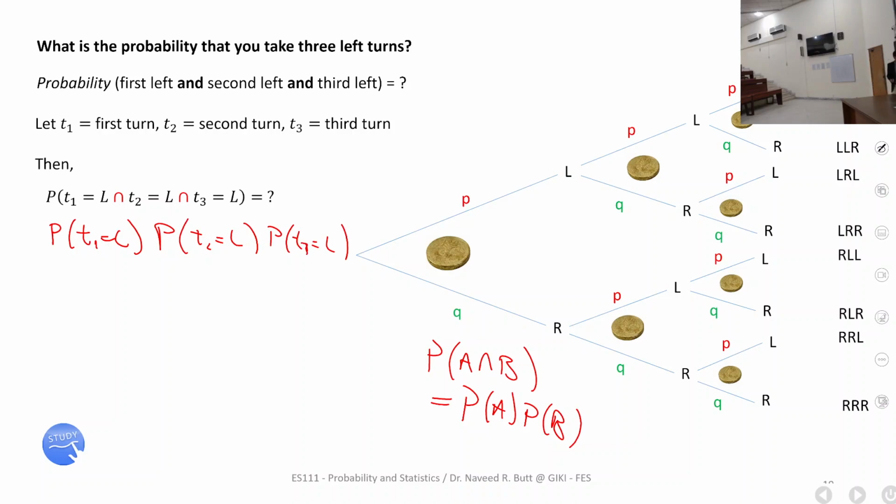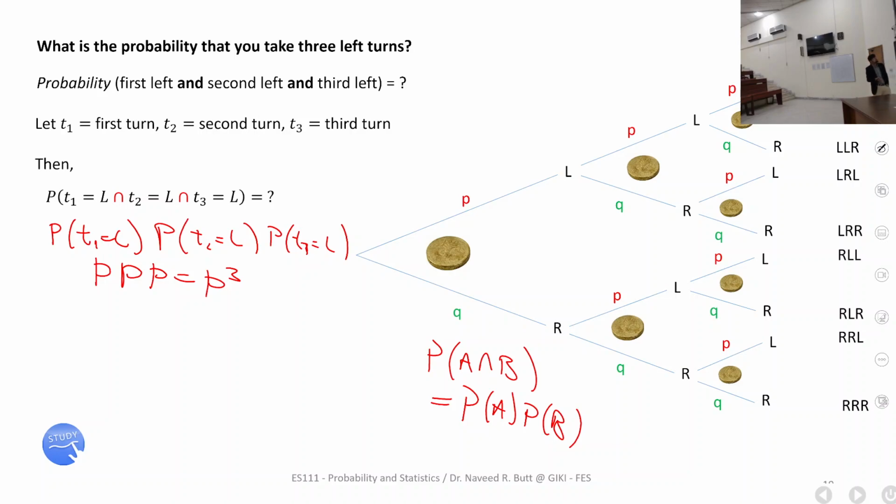What's the probability that the first turn will be left? 1 by 2, or in general P. What's the probability that the second turn will be left? P. And the third? Also P. We said the requirement should not change; whatever it is, it stays. If it's 1/3, then 1/3 it stays. So P. Basically you have answered the question.